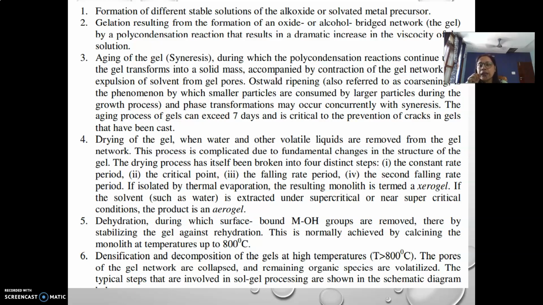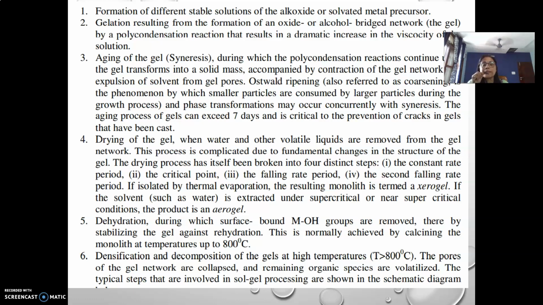Lastly, there will be drying of the gel when water and other volatile liquids are removed from the gel network. And this process is complicated because of the fundamental changes in the network structure of the gel.